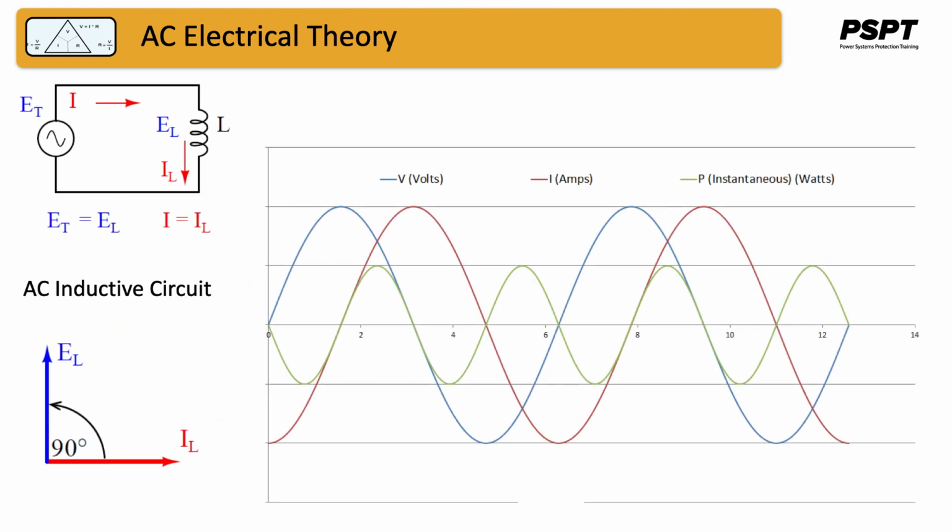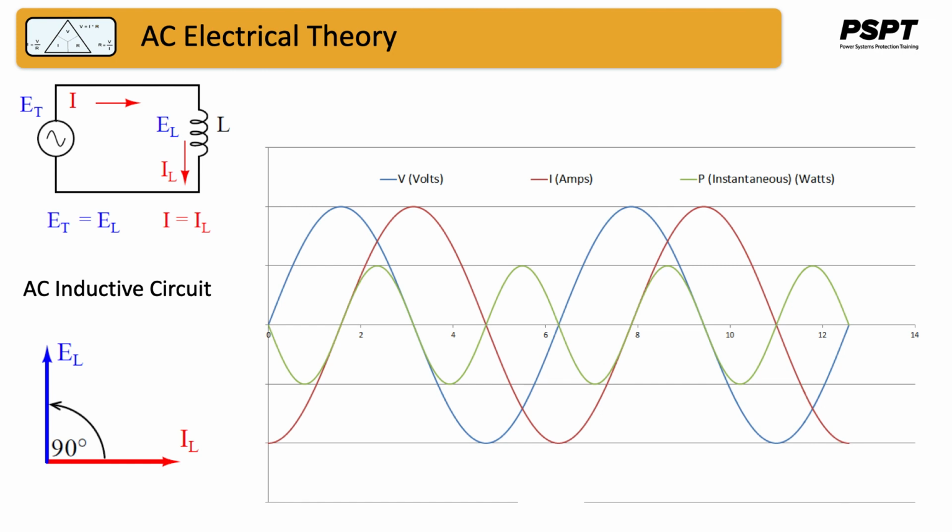Let's consider for a moment a pure inductive load in an AC circuit. Because instantaneous power is the product of the instantaneous voltage and the instantaneous current, that is P equals I times E, the power equals zero whenever the instantaneous current or voltage is zero. Whenever the instantaneous current and voltage are both positive, above the line, the power is positive.